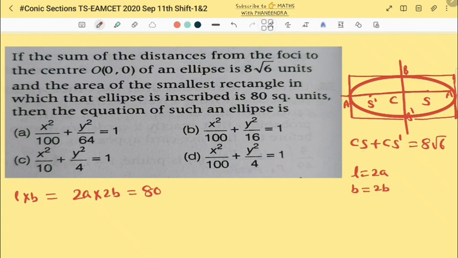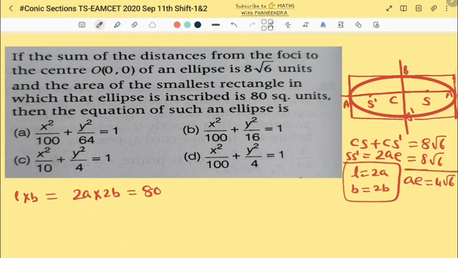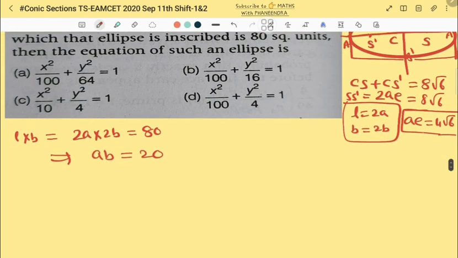So CS plus CS dash means 2AE, the distance between foci, indirectly SS dash only. 2AE is equal to 8 root 6. AE is equal to 4 root 6. AE value we got here. AB is equal to 20.